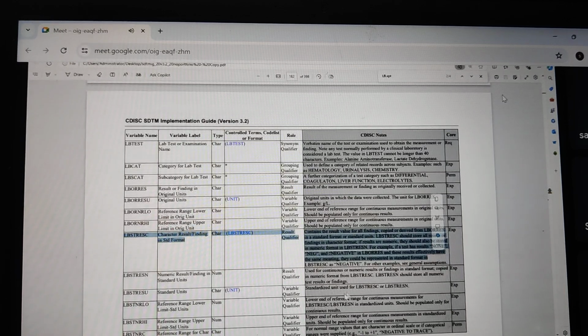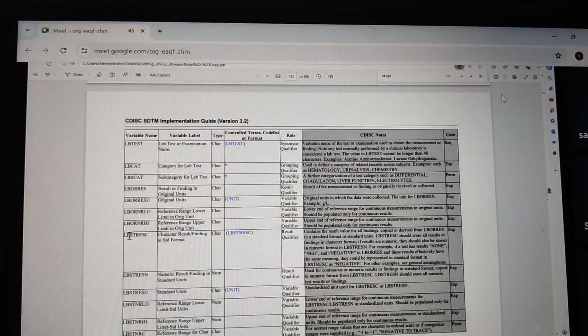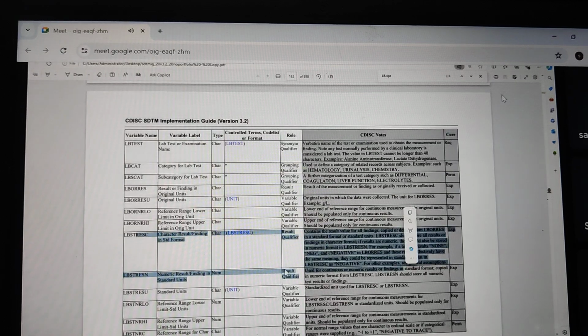Some tests capture results in different units in the original, but we have to convert into SI, standard units. Sometimes the original and the character results are the same because they were captured in standard units only. Then LBSTRESN is the standard results in numeric format.